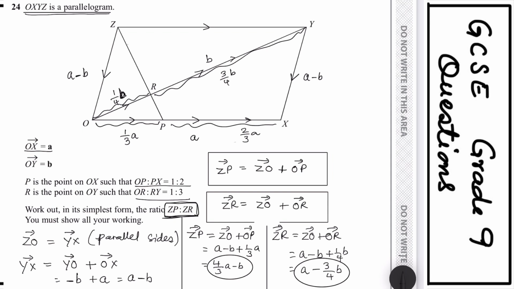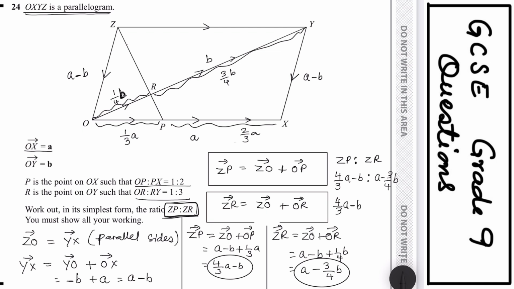We found both of them, so we will put them in the ratio format now. ZP to ZR ratio. So ZP is 4/3 of A minus B, to ZR is A minus 3/4 of B. So to simplify this ratio, we need to make scalar quantities similar.